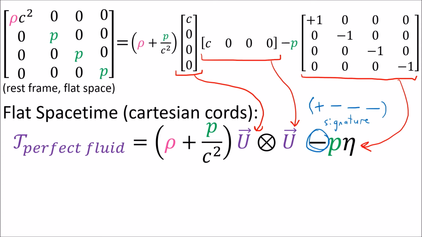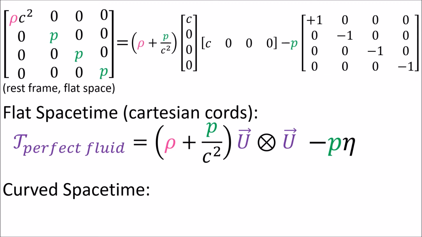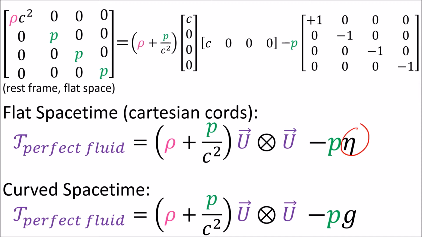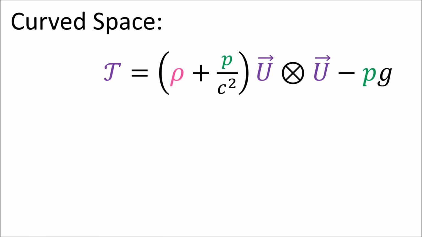If we're using the mostly plus metric convention, this sign becomes a plus sign instead. To get the equivalent version of a perfect fluid EM tensor for curved spacetime, we just take the flat metric eta and replace it with a general metric g. So this is the abstract formula for the EM tensor of a perfect fluid.